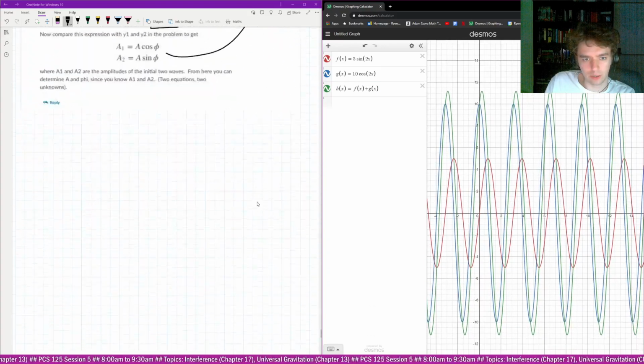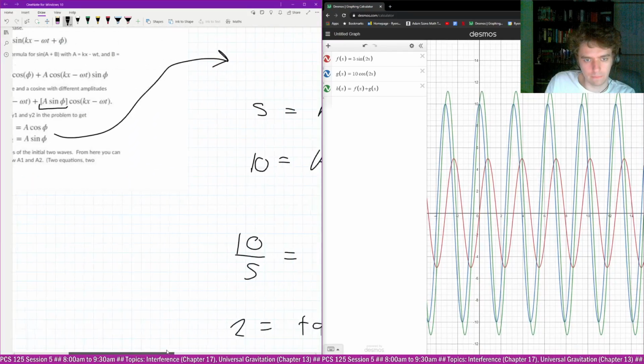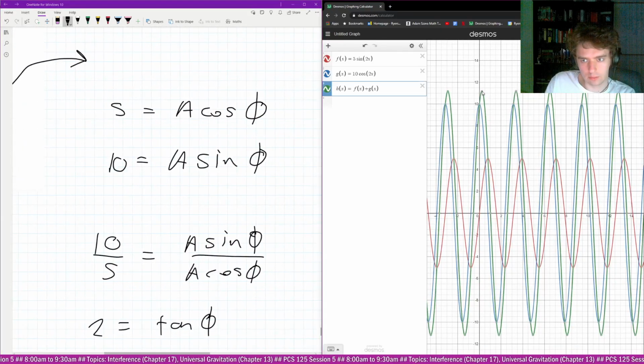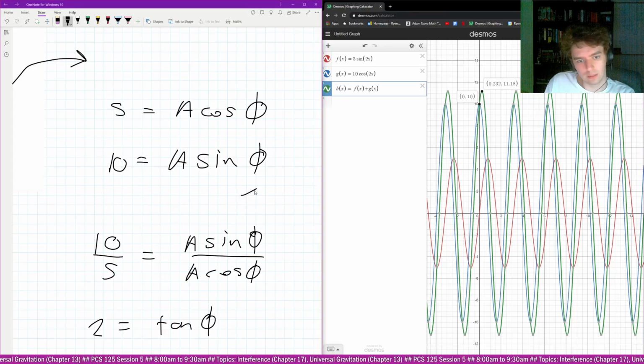Are they all hitting the y-axis at the same point? All three of them? No. The last two, g of x and h of x, are. But not the other one.